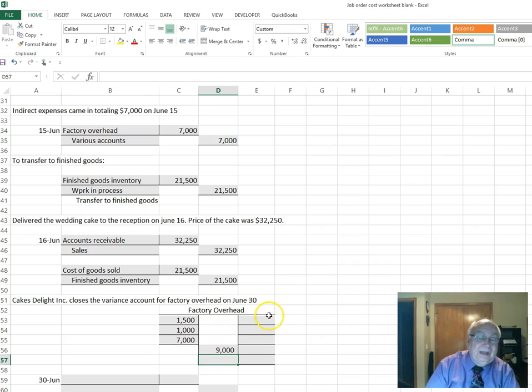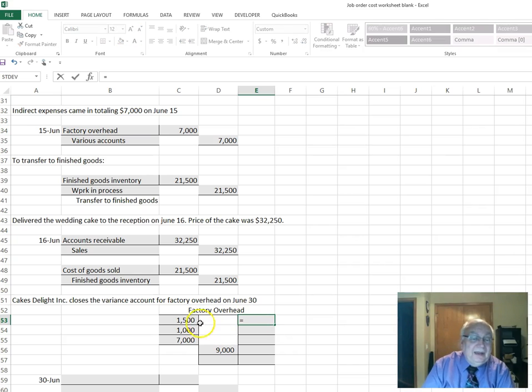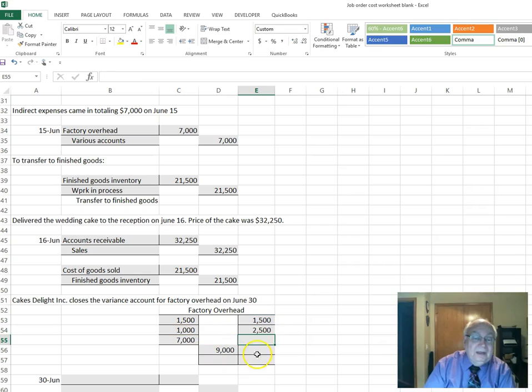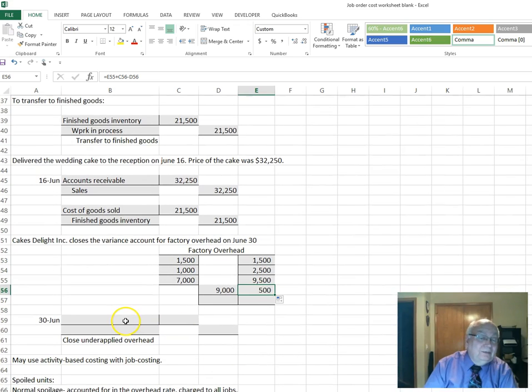But we want to see what's in the account. So this is the balance column, $1,500, and then we'll have $1,500 plus the $1,000 minus this credit column. It gives you $2,500. The reason why I do that is I can just simply add those down. And you notice we have a $500 debit balance in here that we need to close out.